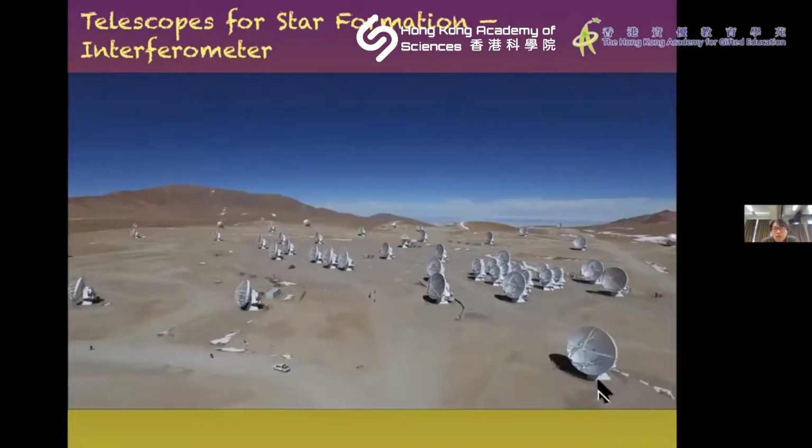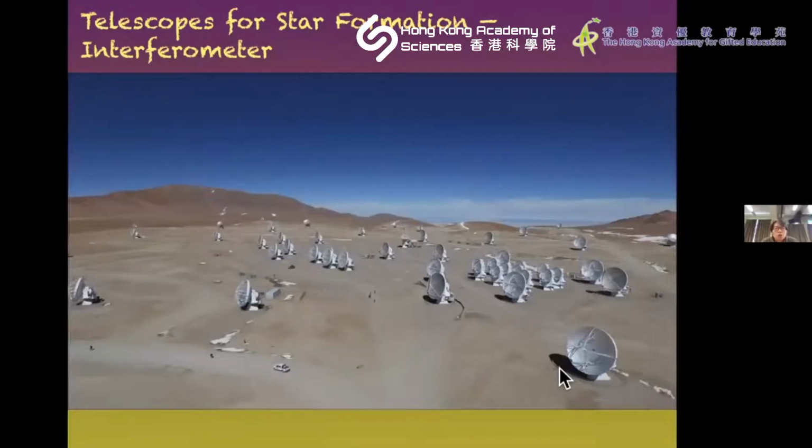Now the state of the art is about 20 meters. This is because the whole surface of the dish has to stay almost a perfect paraboloid. If there's any deformation from a paraboloid, you decrease the efficiency of the dish in collecting light. When the telescope becomes bigger and bigger, the gravity on the dish itself is going to deform the surface away from a perfect paraboloid.